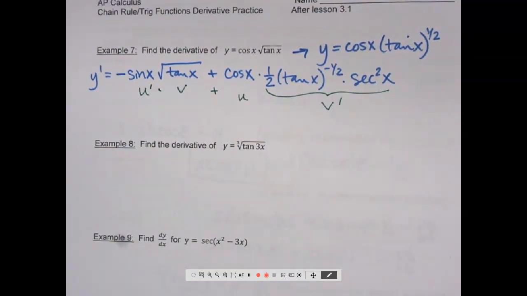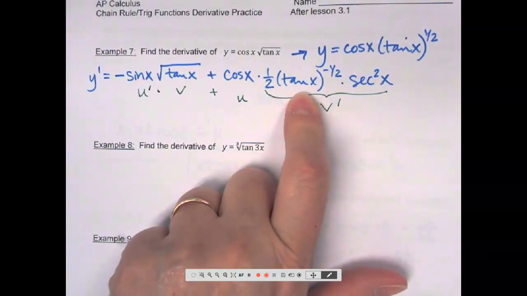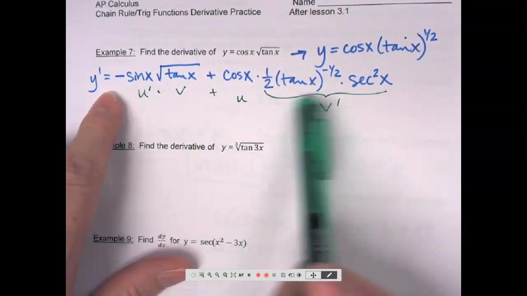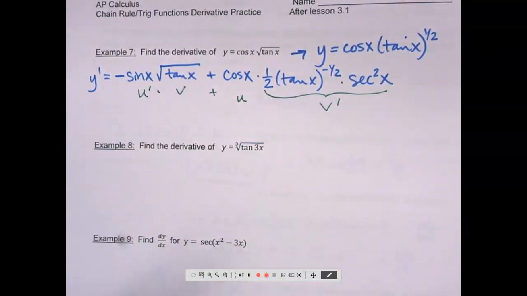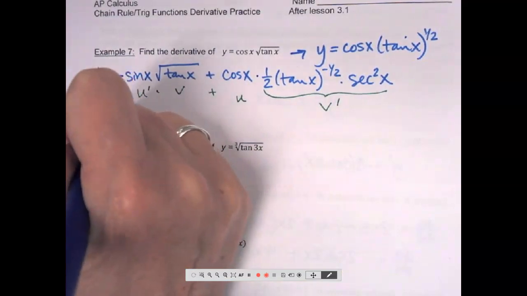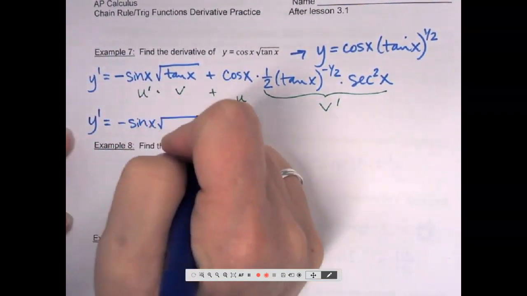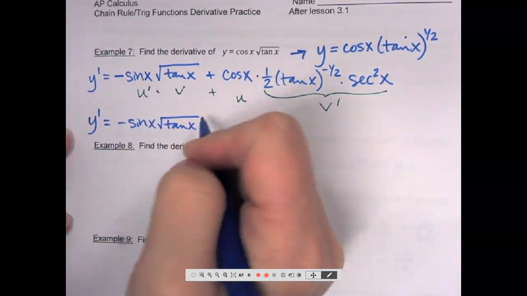Okay, can we do anything to clean that up? You might want to write that as a radical, but it would be located where? On the bottom. Not of all of this, just of that term. You want to rewrite it? Okay. Yeah. All right, negative sine square root tangent.